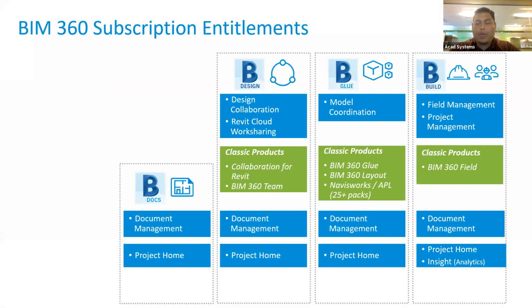And then we have a new and classic module of build, BIM360 build. All of these 4 packages are available to be used by Malaysians, and soon Autodesk will add more packages for costing, for operations, and for planning.